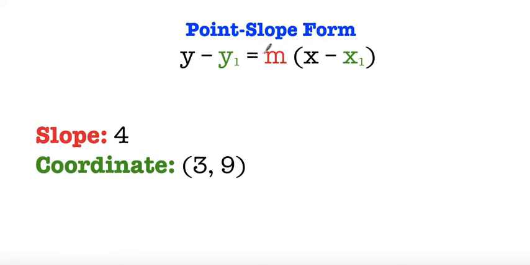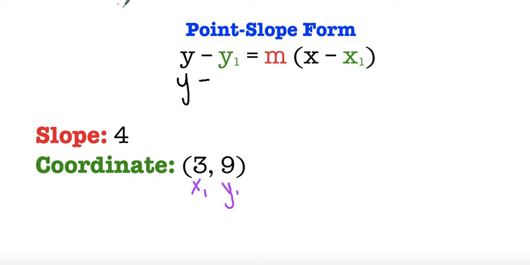So if we're given point-slope form and we're given information such as our slope and our coordinate, all we have to do is substitute the variables accordingly. Since y could represent any y value and any coordinate really, we're just going to rewrite this as y minus, because we're not given a second y value, we're just given one. In our coordinate we have two values, so this is our x sub 1 and y sub 1, since we're only given one coordinate.